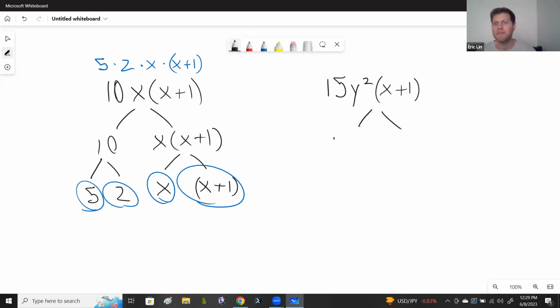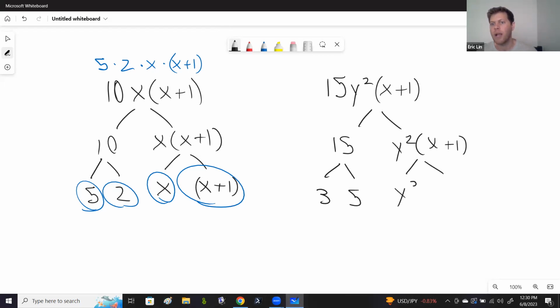Okay, 15y squared, x plus 1. So once again, variables this way, numbers this way. Just keep things nice and organized, nice and easy for me. Got 3 and 5 over here. I've got y squared and x plus 1.